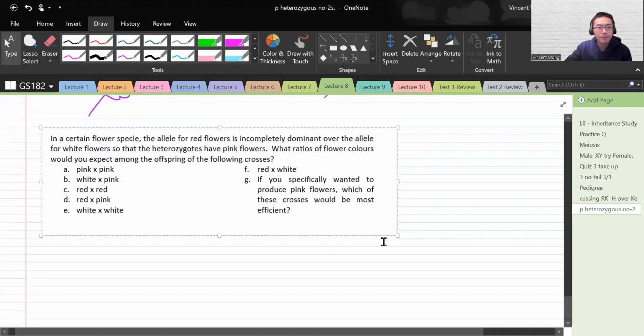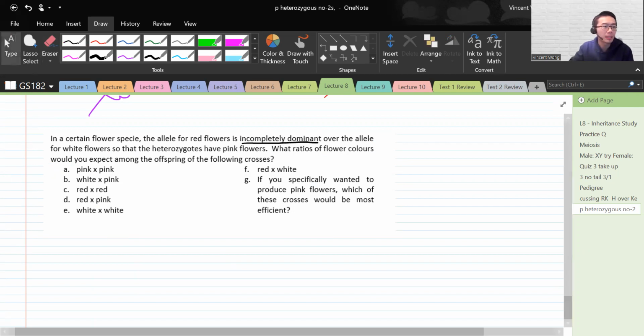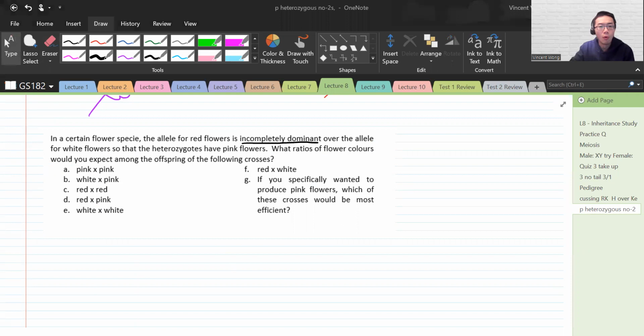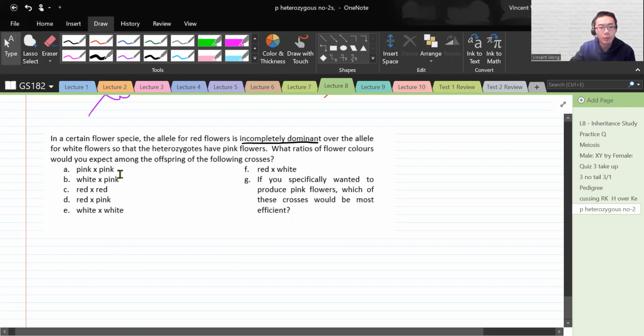Thank you. So here in certain flower species, the allele for red flower is incompletely dominant. It has to tell you in the question, incompletely dominant over the white flower. And so we want to find out what you're going to get when you have a pink flower and a pink flower.